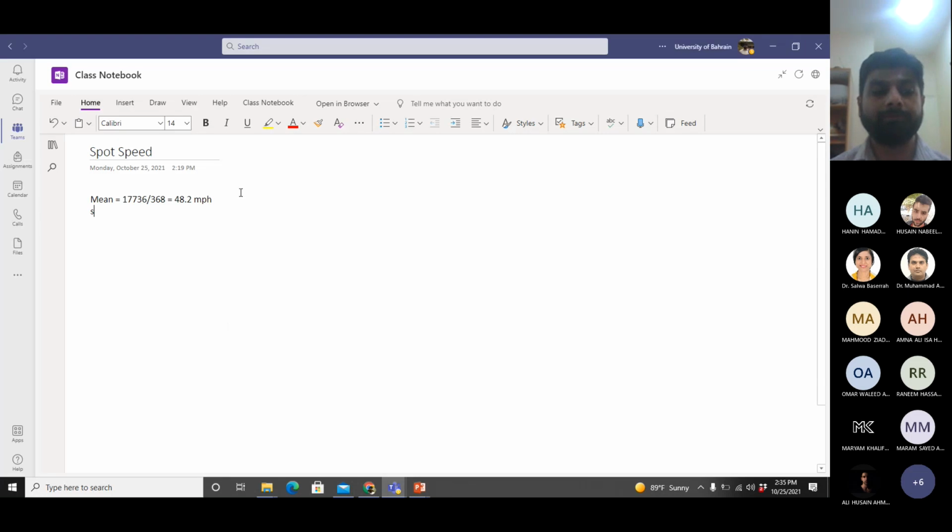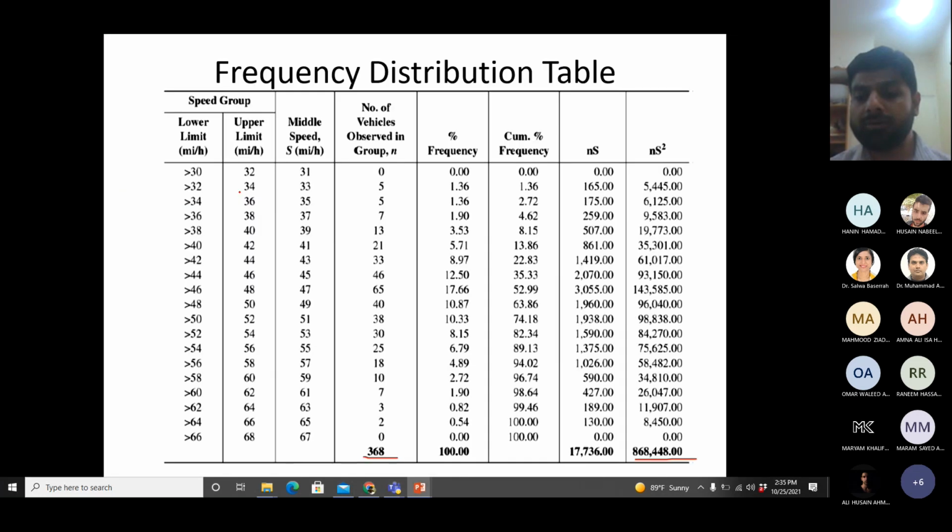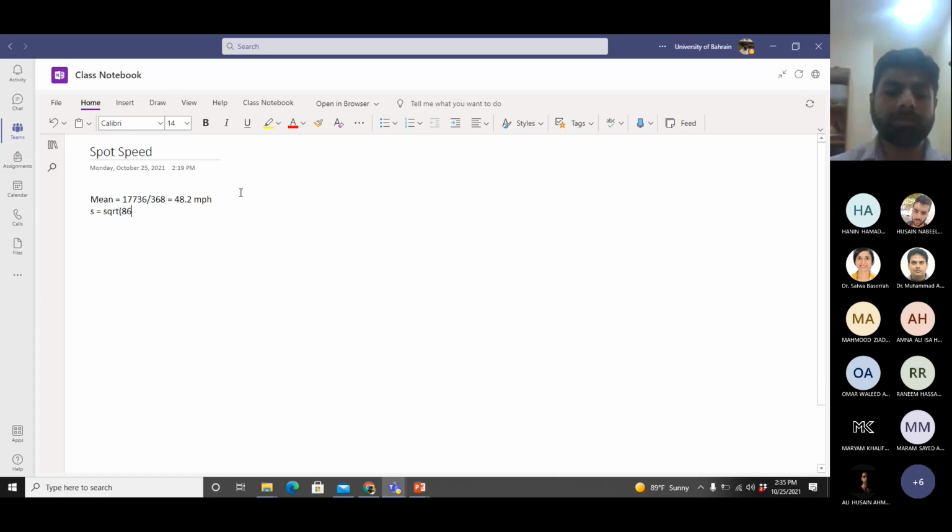So let us calculate the standard deviation. Again, I will use small s here. So, square root of summation of n into s square, minus capital N, which is 368, multiplied by x bar square.